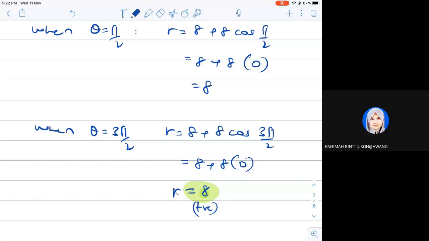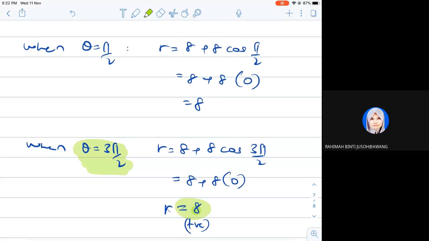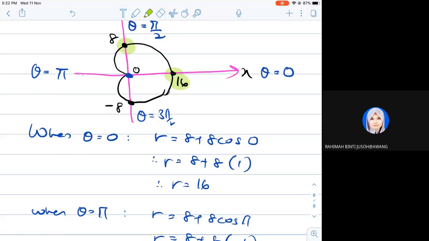So when we have positive values, then no need for us to reflect. Kita tak perlu reflect sebab dia memang positif, which means that this point is located at theta equals to 3 pi over 2. Dia memang berada dekat 3 pi over 2 sebab dia memang positif pun, so dia memang berada dekat bawah. Somewhere here, this line 3 pi over 2.